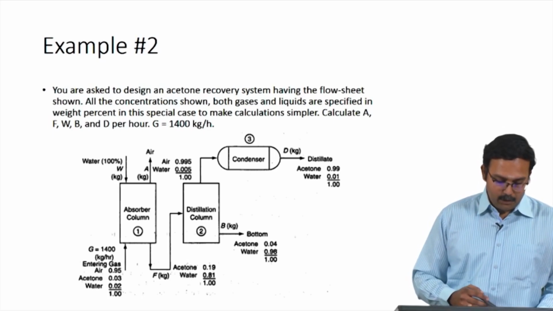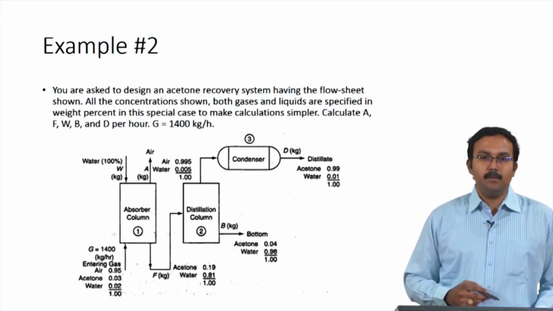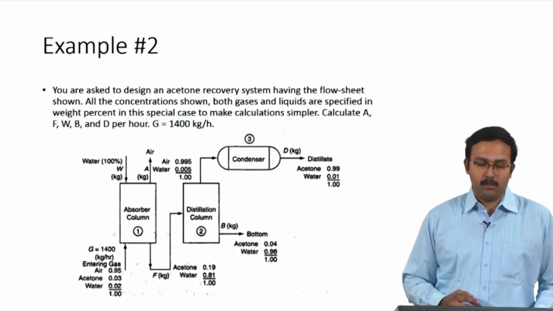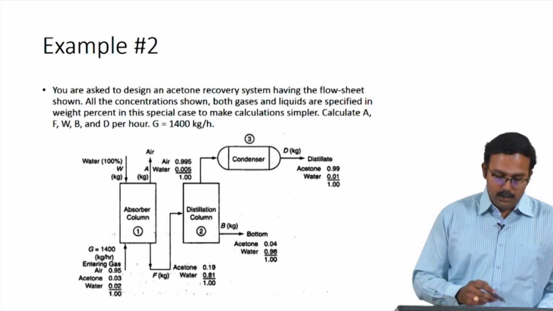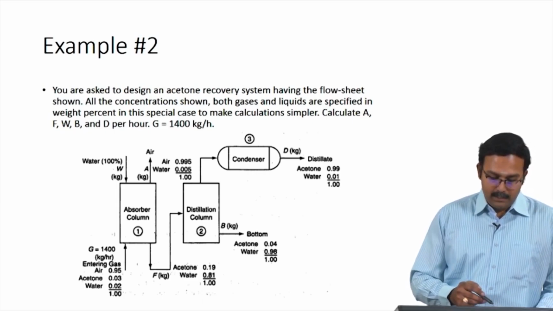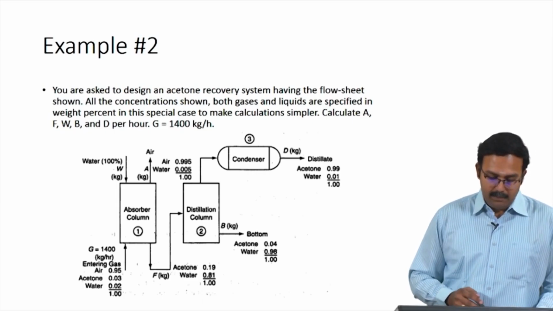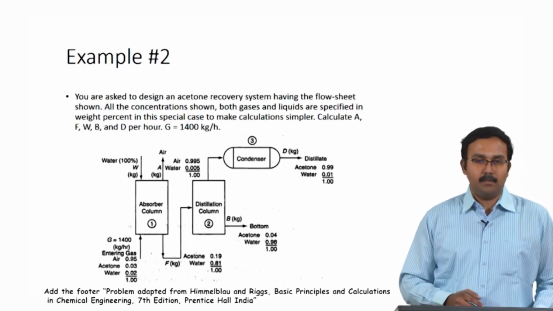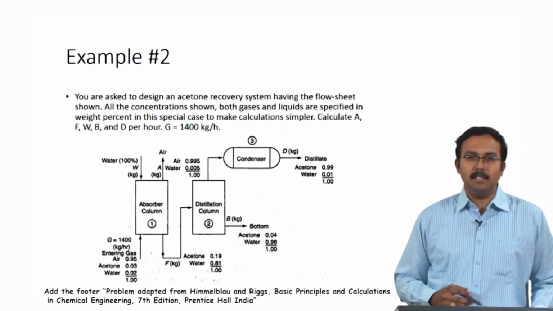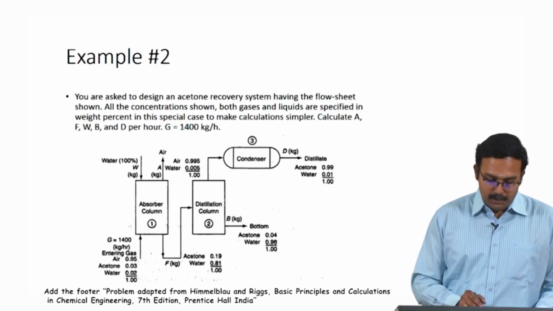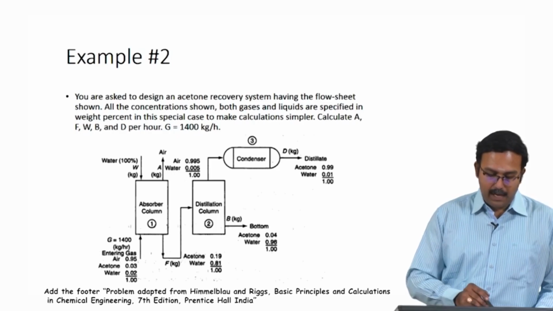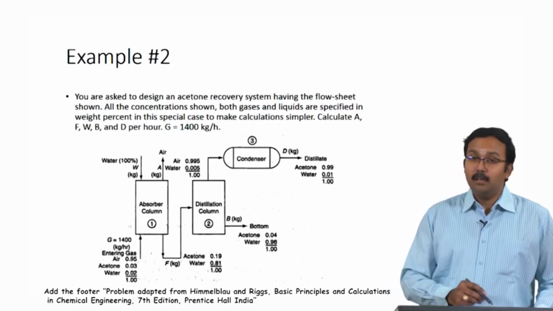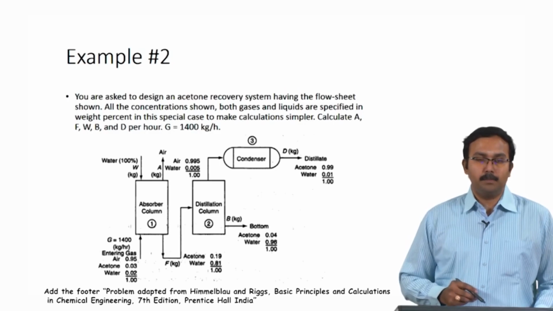We have air, acetone and water, which means we can write 3 different balance equations, and there are only 3 unknowns which need to be solved, which are W, the mass of water entering, A, the mass of air leaving, and F, the mass of the acetone water mixture which is leaving. The composition given here is the composition of air which is leaving the system. Now, let us go about solving this problem.